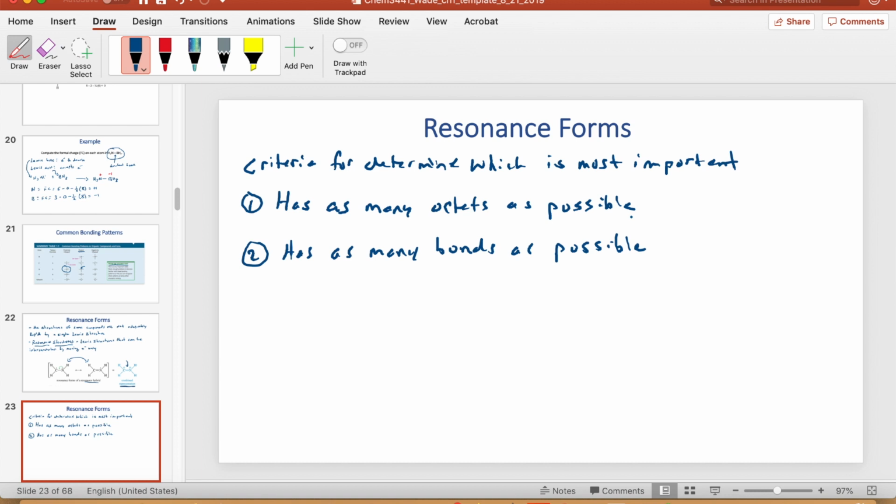And then the other thing to consider is, if you do have charges, where those charges are placed, right? So if you have a negative charge, the important structure would be one that has negative charges on the most electronegative atom.